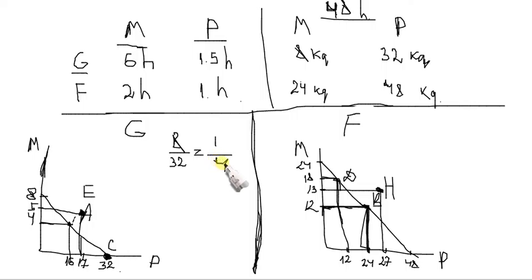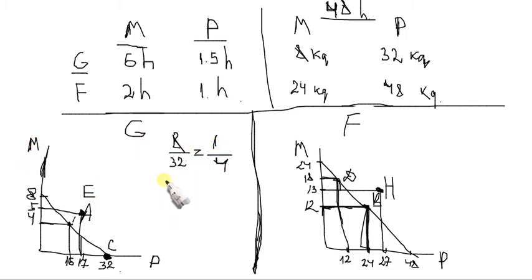This means that if the gardener wants to produce 1 kilogram of potatoes, he must give up 1 divided by 4 kilogram of meat.